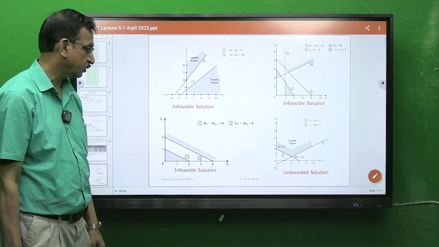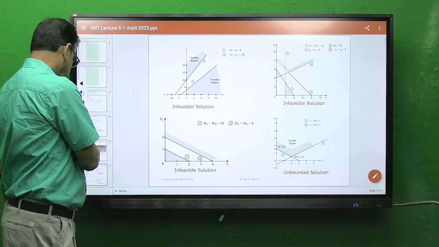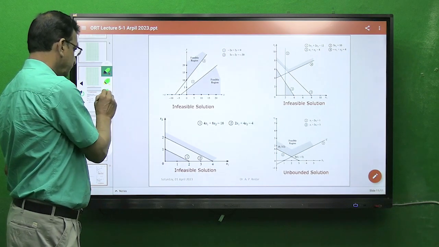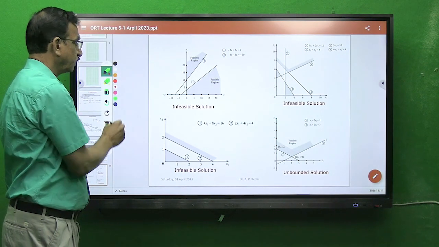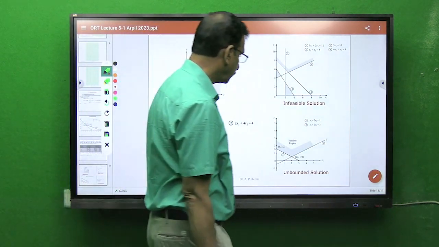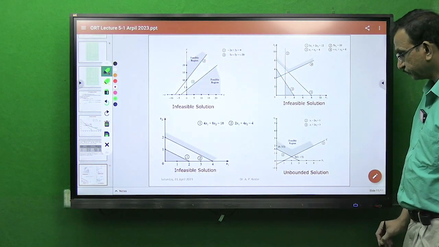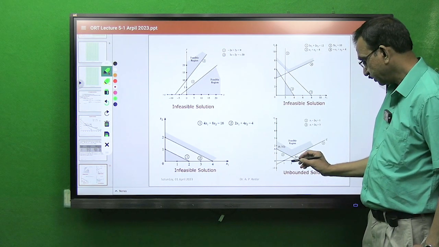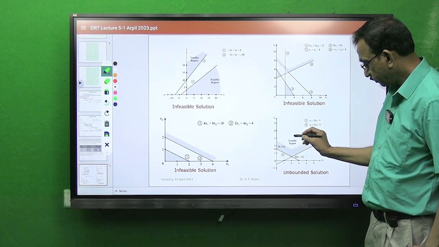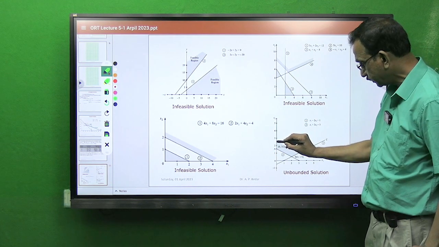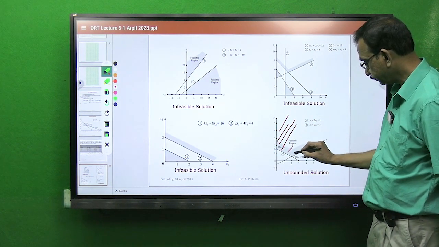So see, these are some special cases which you are getting. Now depending on the solution, for this problem, this is identified as feasible region.